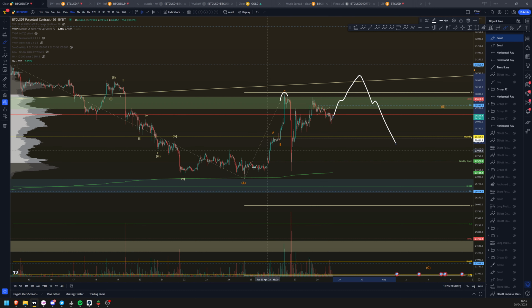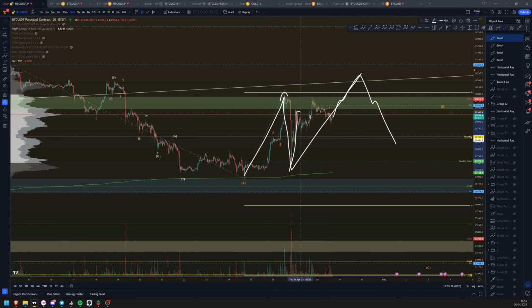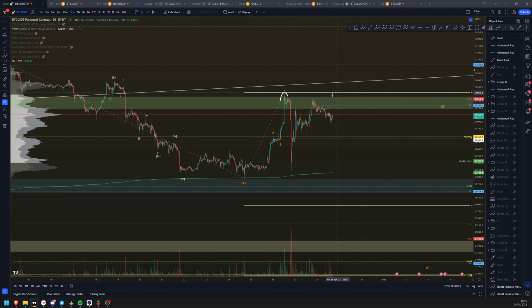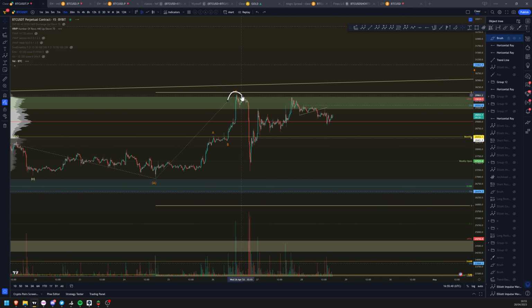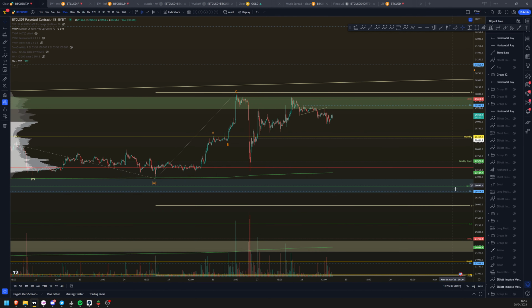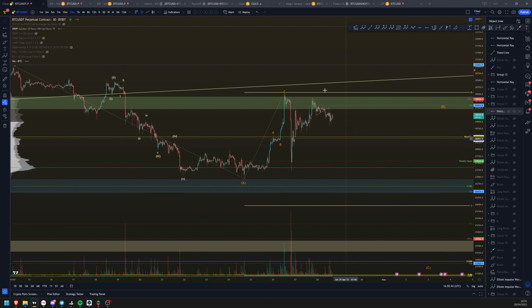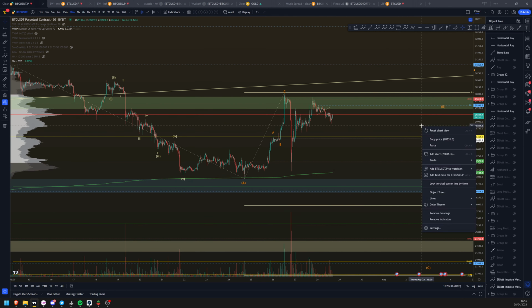But as we can't fit anything, maybe this is a W, an X, the Y, and this is an A, B, C, I don't know. It's not gonna be helpful here without that. The only fail side here would be if we go to triangle, I guess. Or if we do get a follow-up trending move.